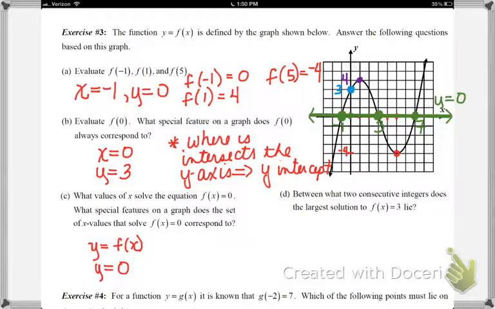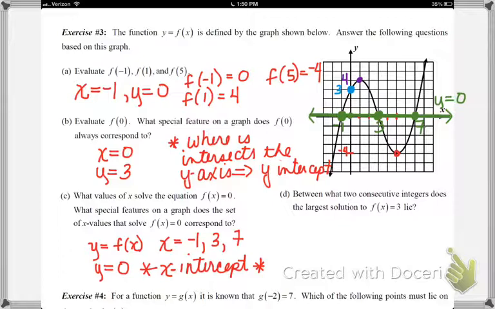So our values of x that solve the equation f at x is equal to 0 are x equals -1, 3, and 7. And the special feature is where it crosses the x-axis, and we call those our x-intercepts. Our x-intercepts always have a y value of 0.